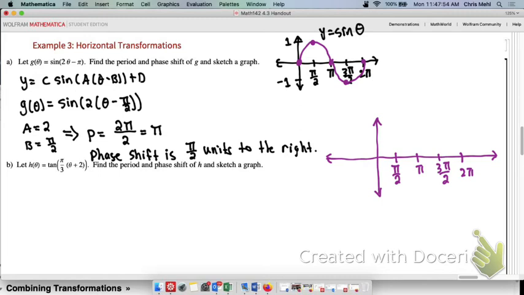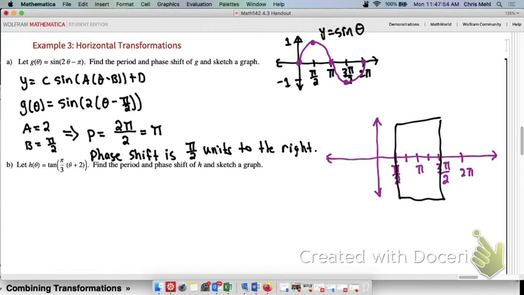So this time, since the transformed function has period pi, if you divide that by fourths, your tick marks should all be pi over 4 units wide. So I'm going to add some tick marks into our graph. All right, so here's pi over 4, pi over 2, here's 3 pi over 4, and my fundamental cycle then is going to be graphed between pi over 2 and 3 pi over 2.